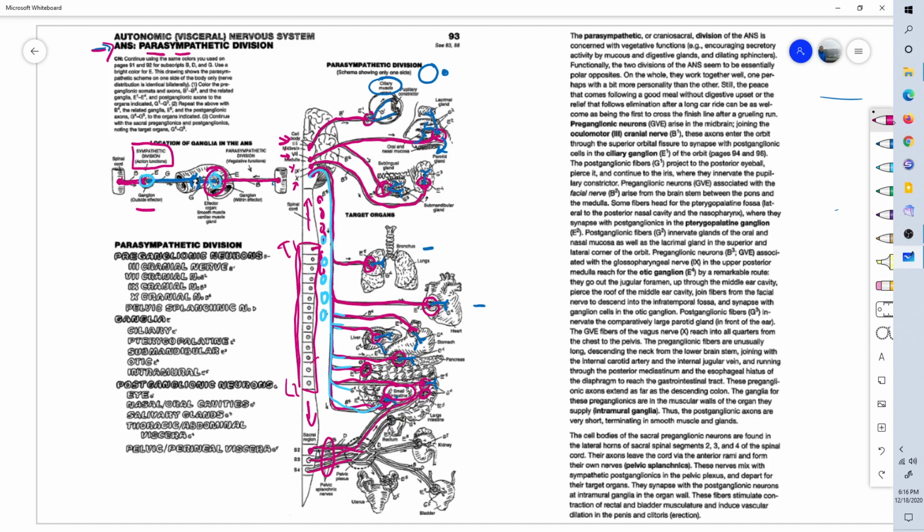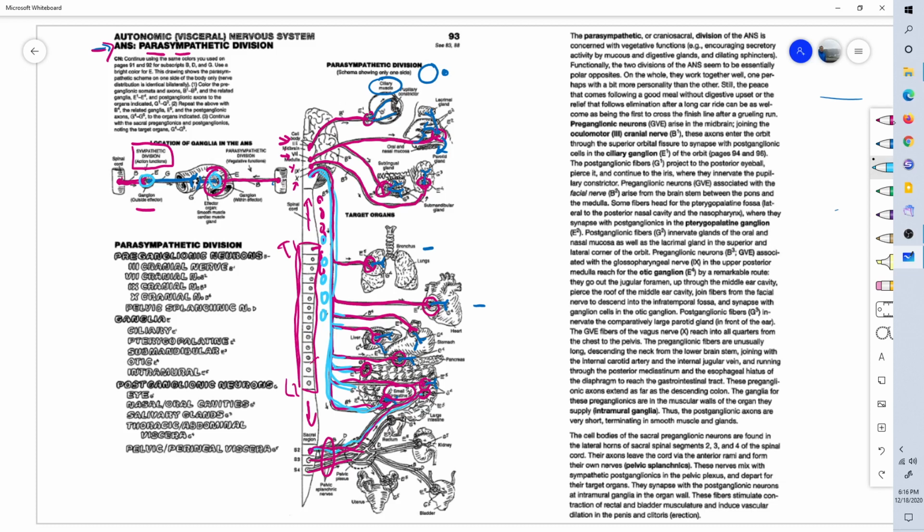So notice that some of the innervation from the intestines comes way up high from the cranial portion of the parasympathetic system. And the intestines also receive down here from the sacral portion.